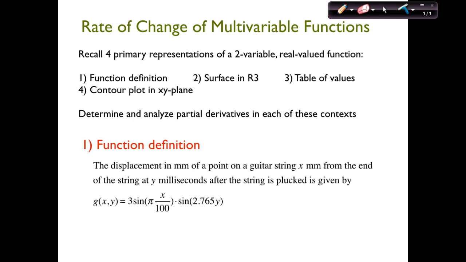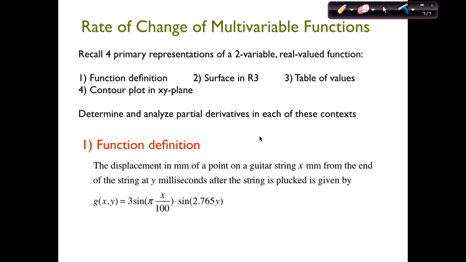Okay, so the displacement in millimeters of a point on a guitar string, x millimeters from the end of the string, and y milliseconds after the string is plucked is given by, this is an example function for one of these displacement functions of a guitar string. So does the situation make sense? Let's draw a picture.